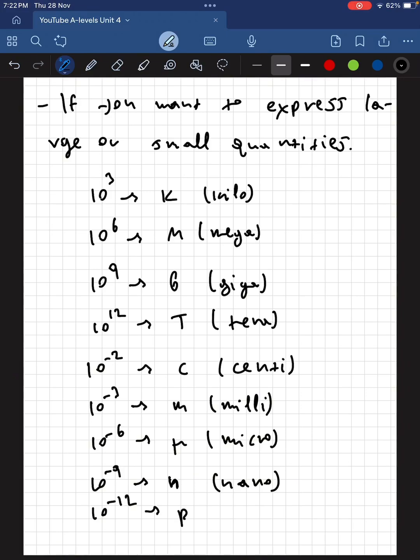So this is an n, by the way, and this is a p. So this is pico. And 10 to the negative 15 is femto.